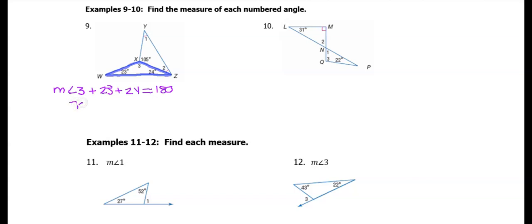So far I have measure of angle 3 plus the 47 that I know of equals 180. I can go ahead and subtract that 47 on both sides, and I get 133, it looks like. So measure of angle 3 will be 133 degrees.